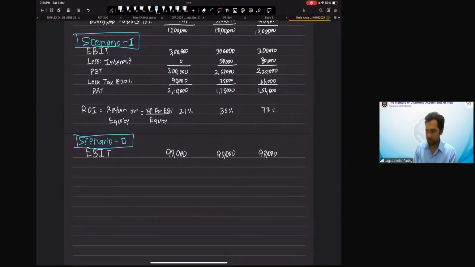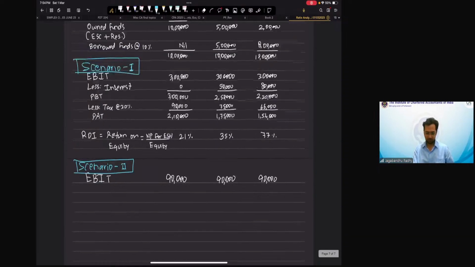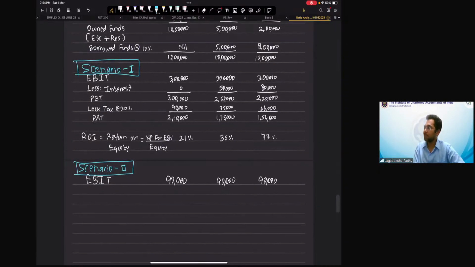Give me the numbers of return on investment if the EBIT is 90,000, guys. Return on investment or return on equity we are talking about. What's the return on equity?